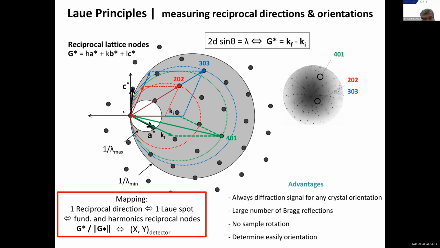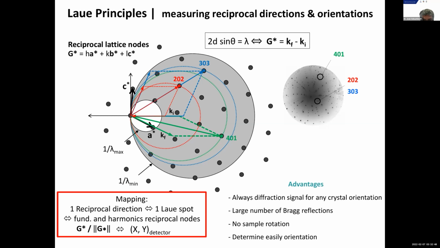And simply, if you want to predict what could be the outgoing photons coming from the reflection onto the 202 planes in the sample, you assume that the photons are always coming from the right there. This is the direction of Ki.